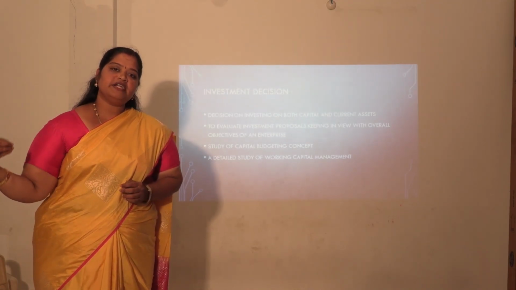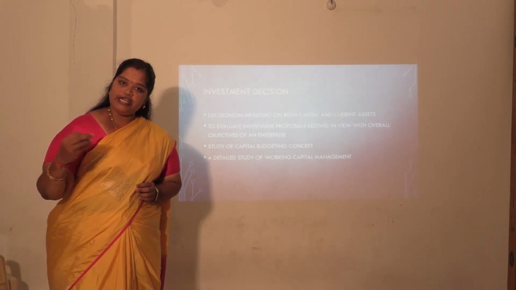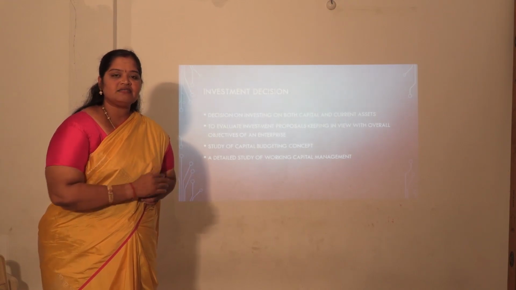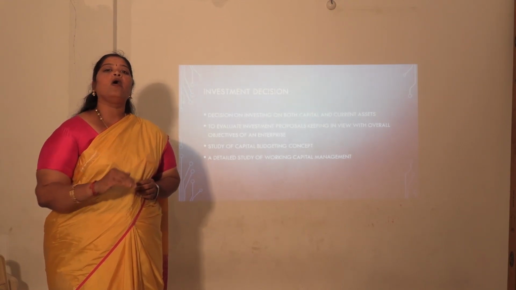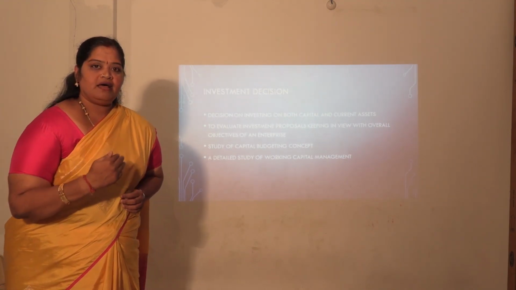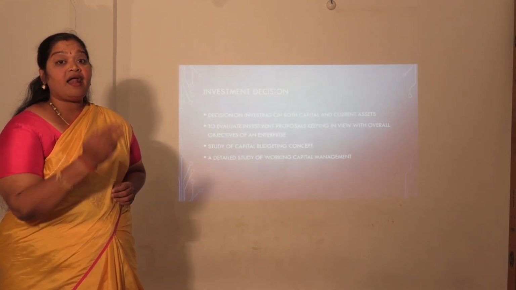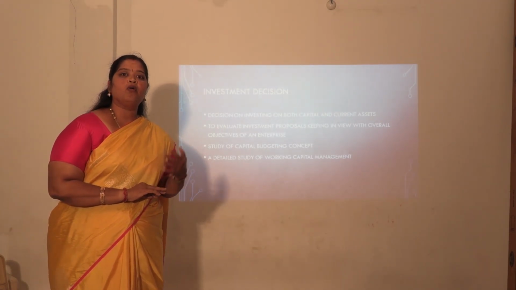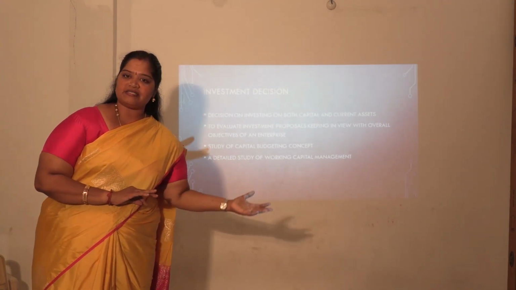Raw material will be converted into work in progress, then to finished goods, and now the goods are ready for sale, then it will be converted into debtors. No firms like or encourage credit sales, but they are forced to, right? So when the sales become a credit sale, there arises a debtor. Now when you talk about debtors, you study what would be the credit period given to the customers.